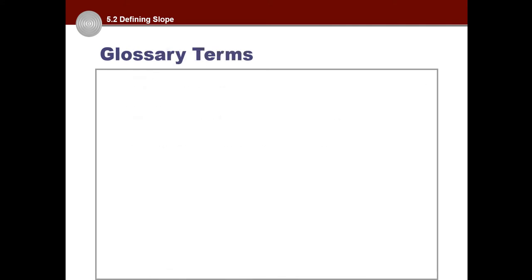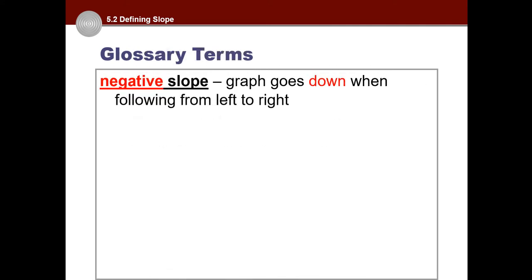So moving forward, there are some glossary terms. Negative slope. The graph will go down when following it from left to right. Okay, there's stuff in red. It's in a different color that usually means it's important.